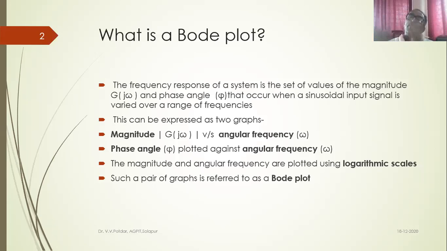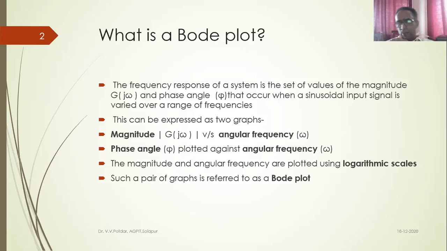For different values of omega, what are the magnitudes of my transfer function corresponding to the sinusoidal input? So this is one graph or one plot I get. On the x-axis I have omega, angular frequency, and on the y-axis I have magnitude. And the second graph is phase angle phi in degrees plotted against, once again, angular frequency omega.